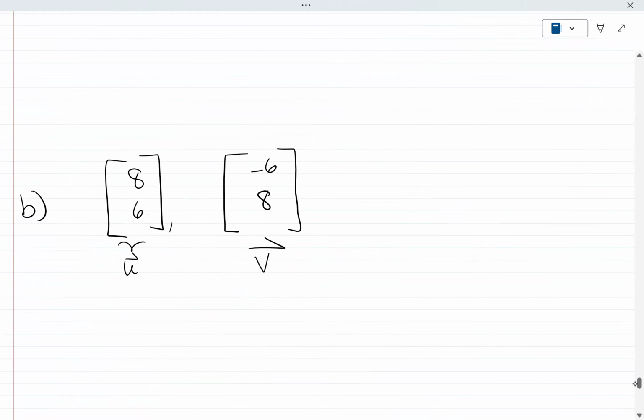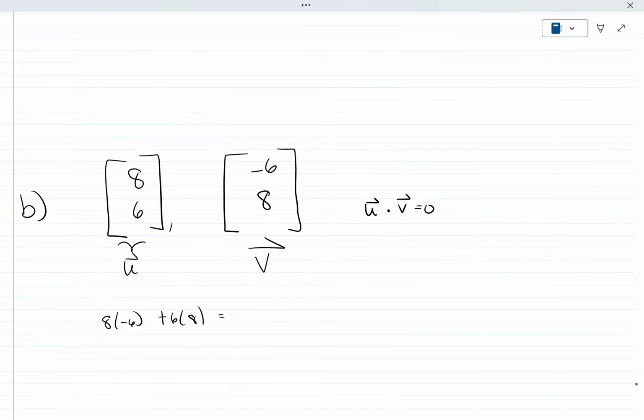Part B says we have this vector u and vector v, so let's determine if it's orthonormal. Let's see if their dot product, vector u times vector v, gives you 0. So it would be 8 times -6 plus 6 times 8.